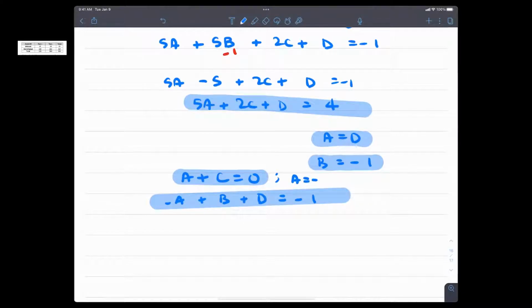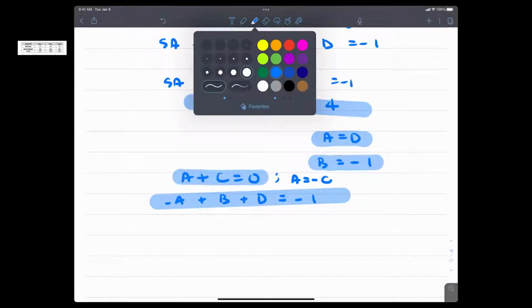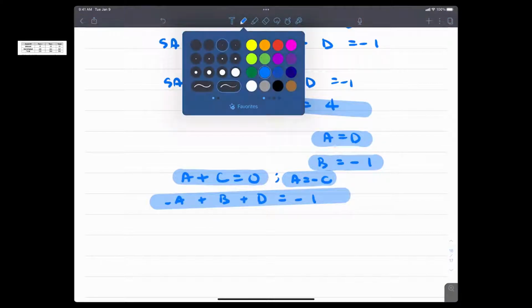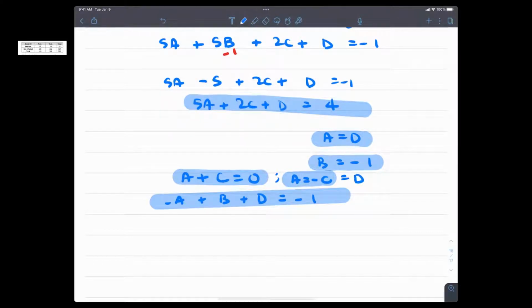This tells you that a is negative c, just so you guys know. If a plus c is 0, does that mean a is negative c? That also means d is negative c, since a is d. So I'm going to put it this way. This also means that it's d, right?